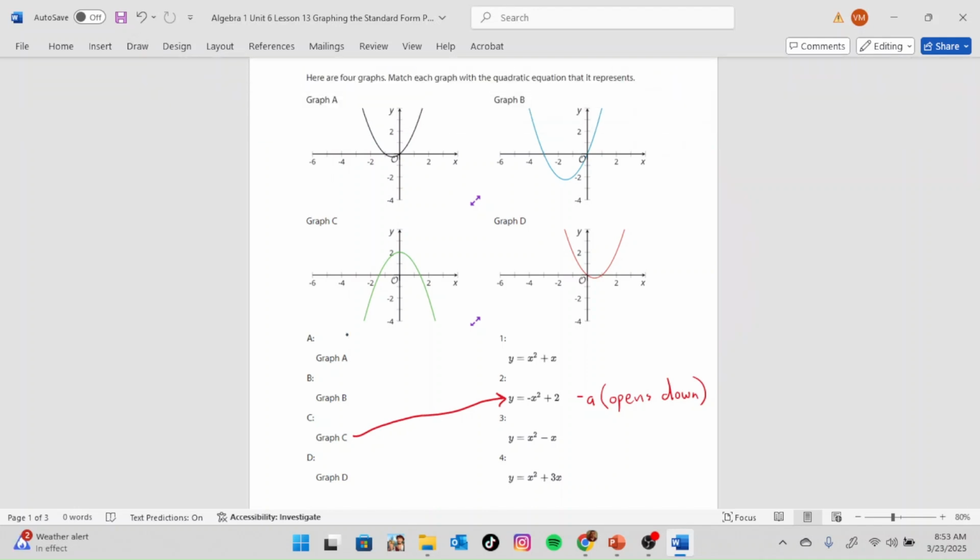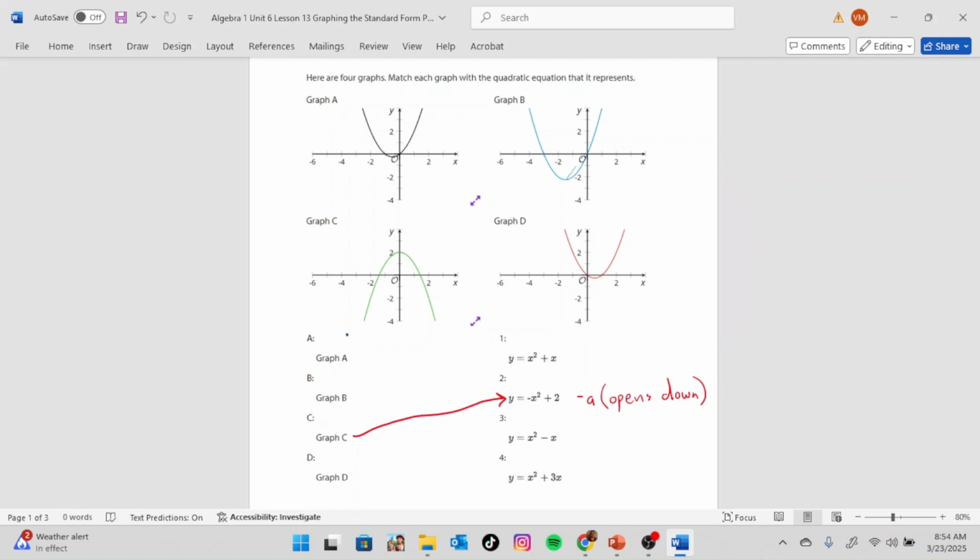Now, we can look for something different in the other 3. If I look at graph A, it has shifted down and to the left from the origin. Graph B has also shifted down and left of the origin. Graph D, however, has shifted down and right from the origin.